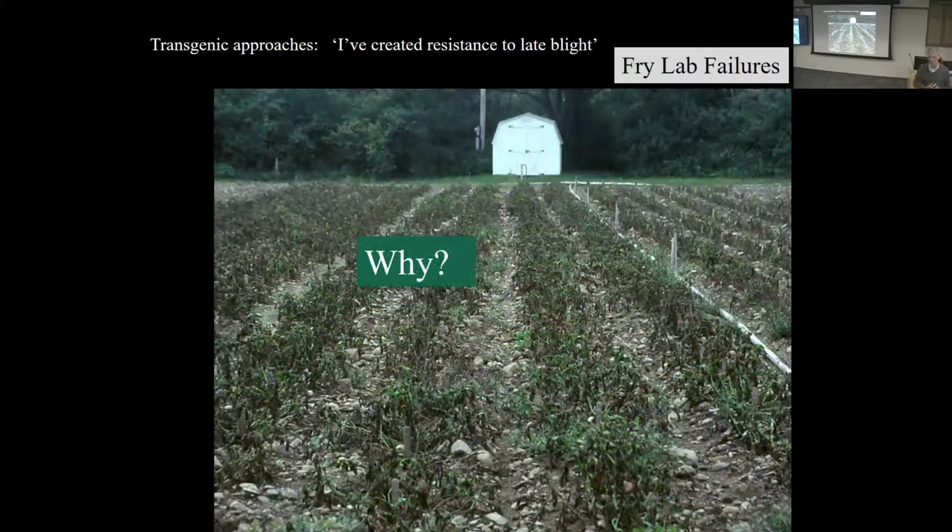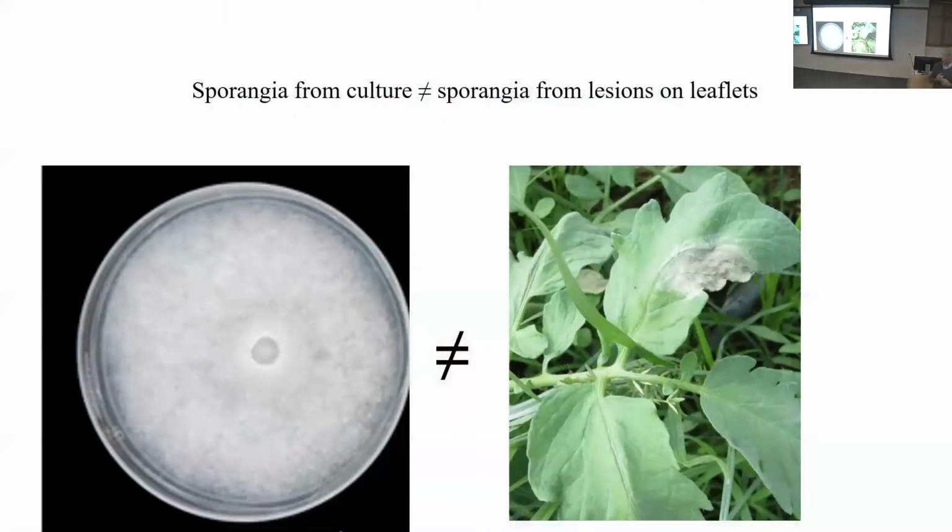So the question I've asked is, why can we not see in the field things that other people can see in the lab? And I think the answer is this, that the sporangia from a plate culture are different from the sporangia that come from an infected leaflet.